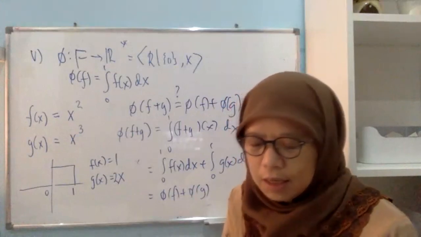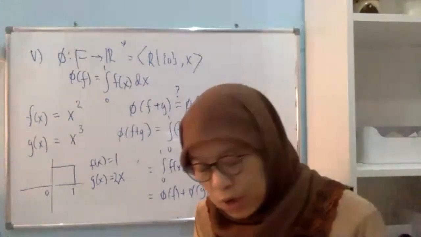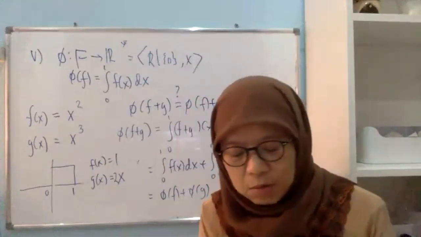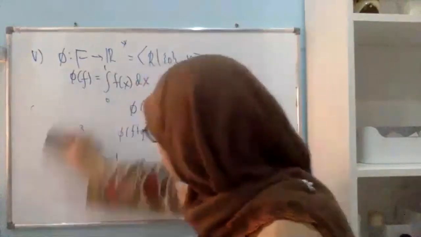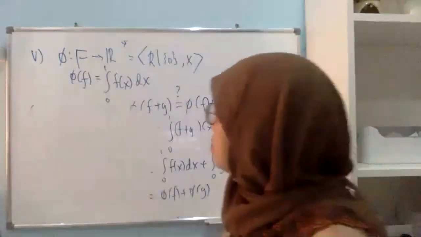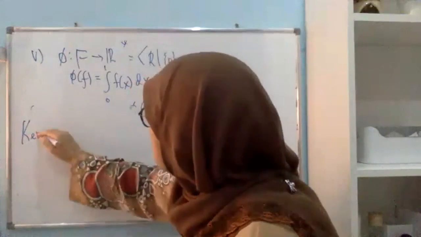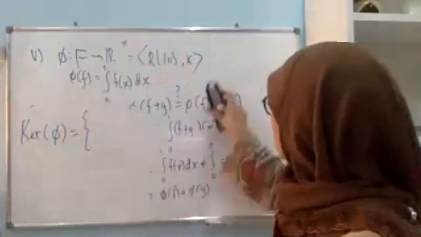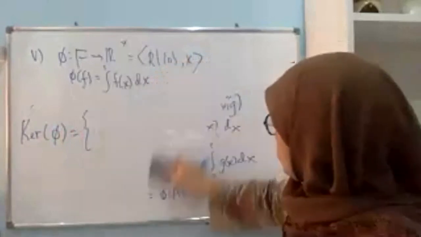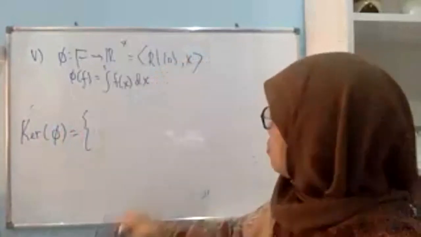Definition 5.4 I have here is the kernel of a homomorphism. The kernel of a mapping phi is defined as whatever maps to the identity.